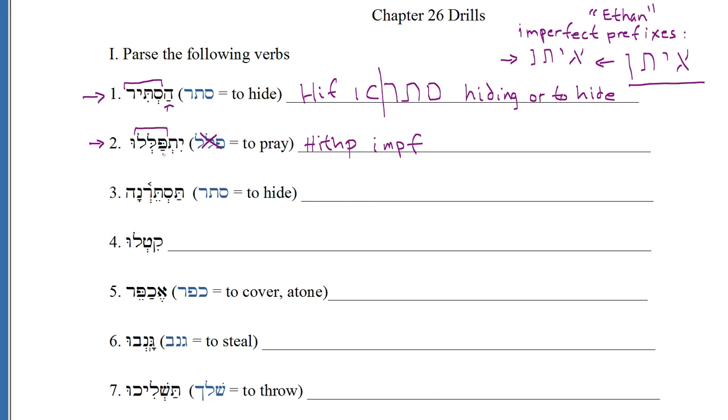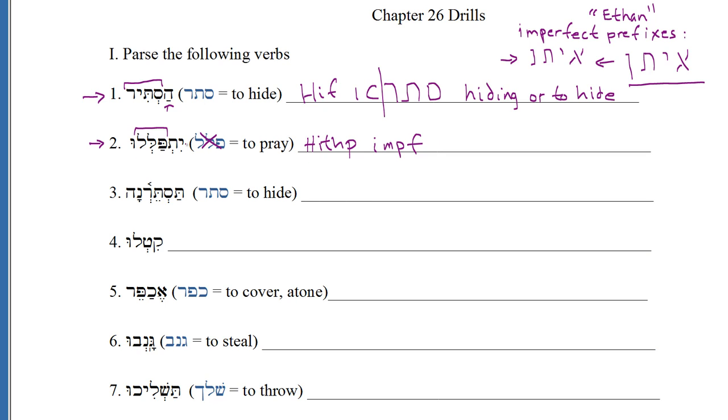Our vowel under the first root letter is a patach. That matches the intensives, Piel, Pual, and Hithpael. And then we have a doubled second root letter, which also matches the Hithpael. We've already kind of gotten Hithpael, but these confirm it. Hithpael imperfect.